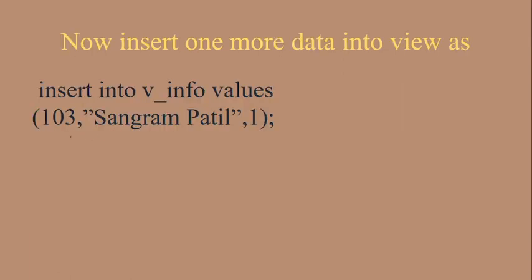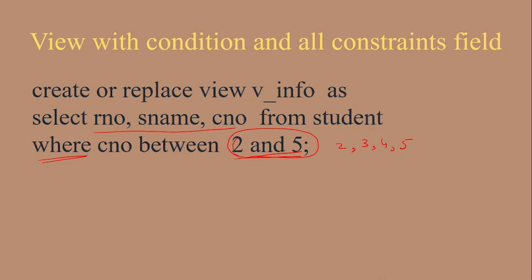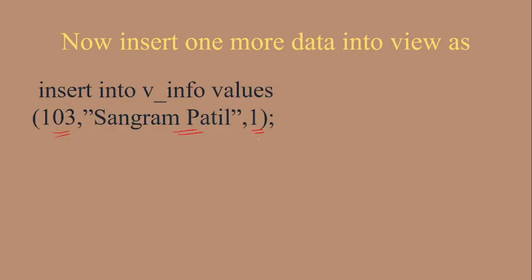Now I am inserting my own record, roll number 103, Sangram Patil, and course number 1. Now while creating the view, we have mentioned 2 to 5. While inserting a record, we have mentioned course number 1.